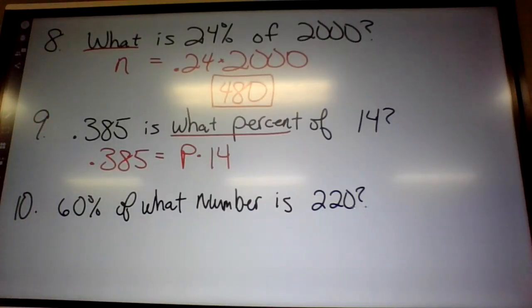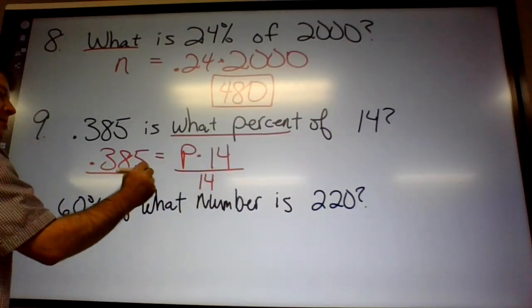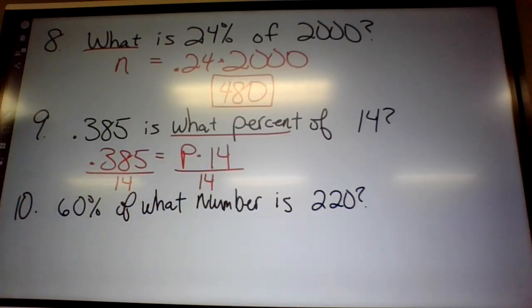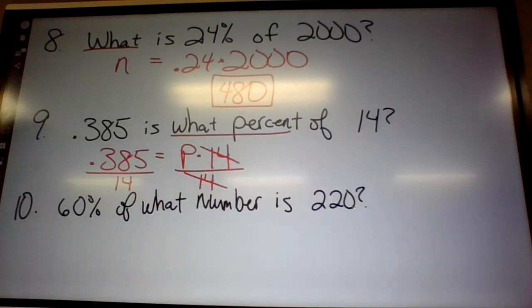So how would we solve that for P? Divide. Okay. Now 9 is different because it says what percent, which means when we get that decimal, we have to change it to a percent.